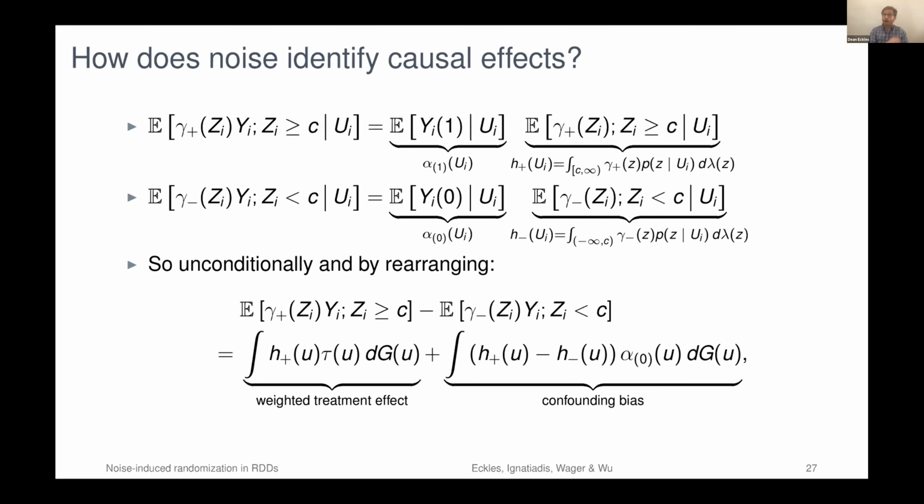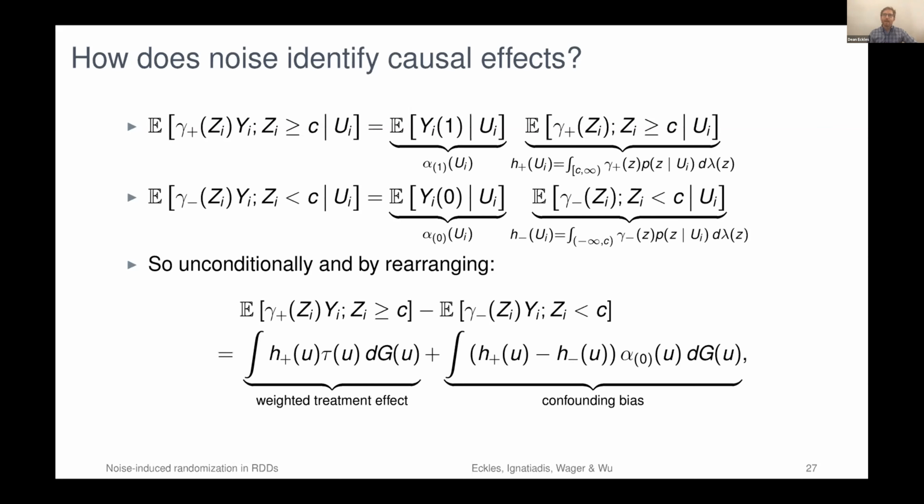If we then do this unconditionally, marginalizing out over the latent variable and rearranging, we get this expression where we have the expectation of the estimator that we've been considering, or a non-ratio version of that estimator. And we see that it's made up of two components.